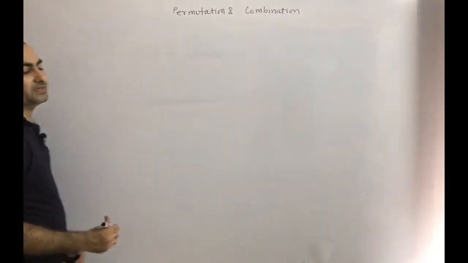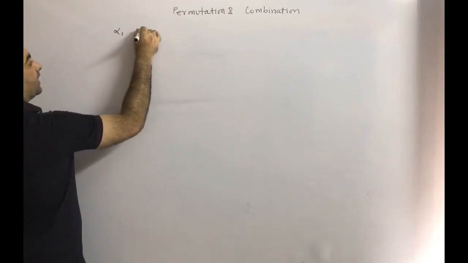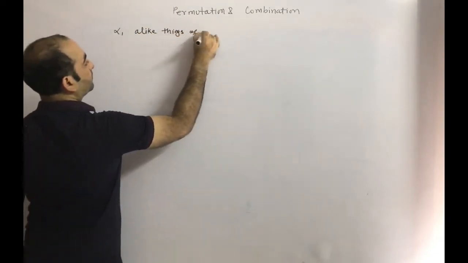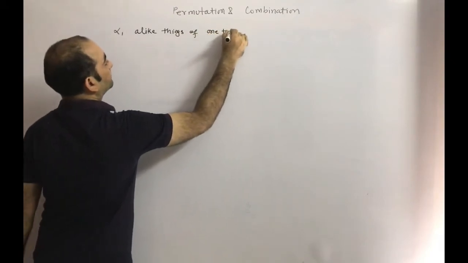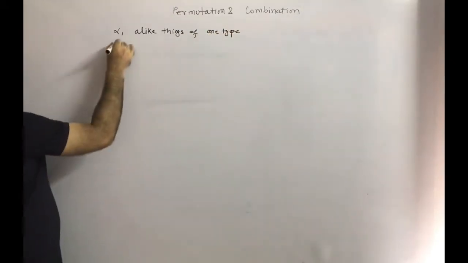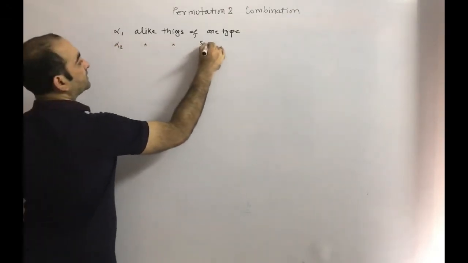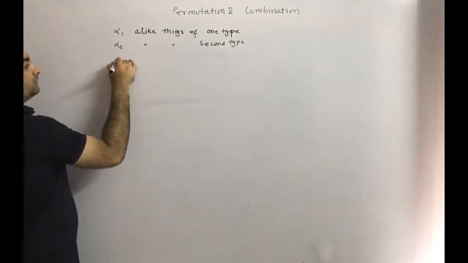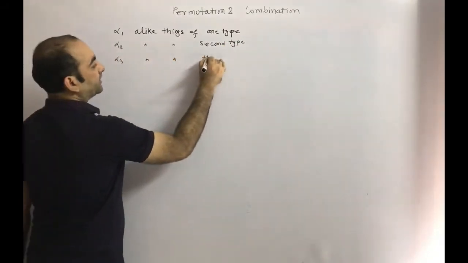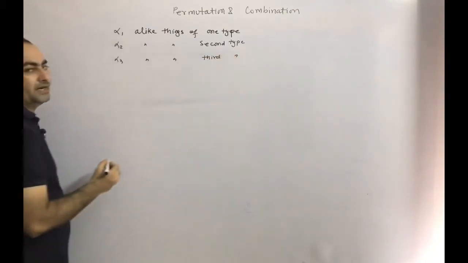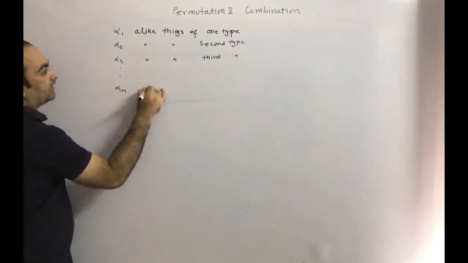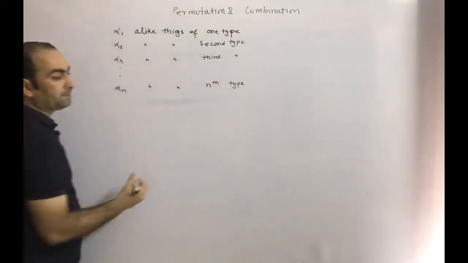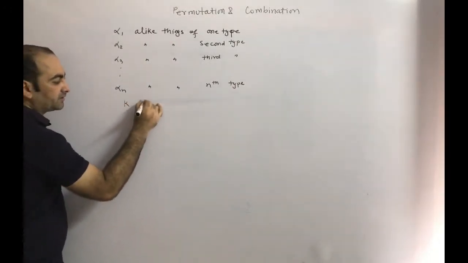According to that method, suppose there are alpha 1 alike things of one type, alpha 2 alike things of second type, alpha 3 alike things of third type, and so on, alpha n alike things of nth type, and apart from this there are k distinct things.